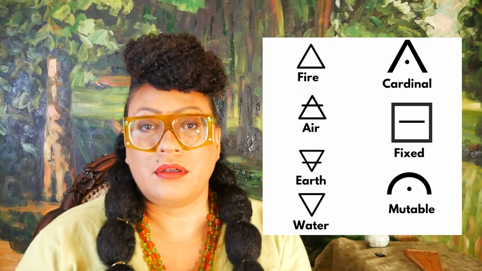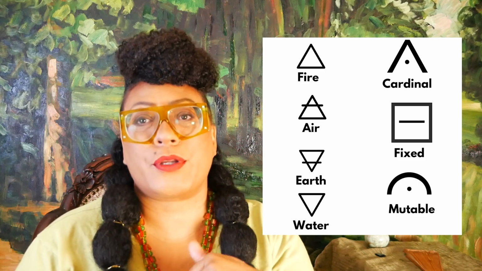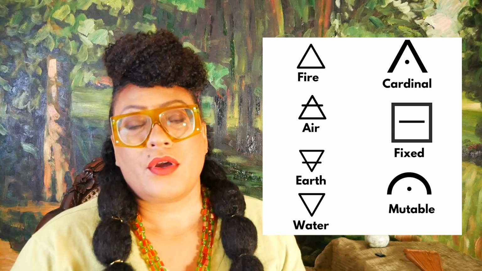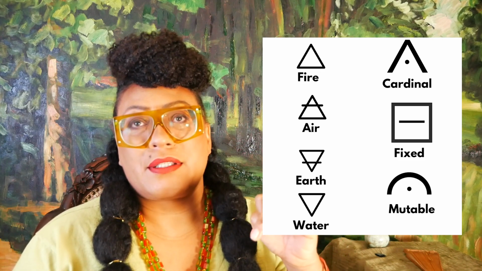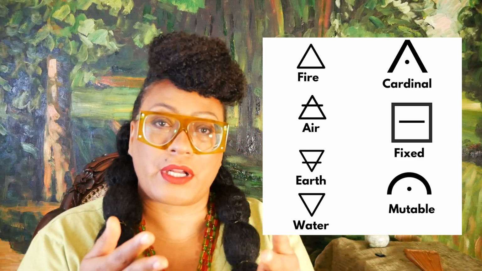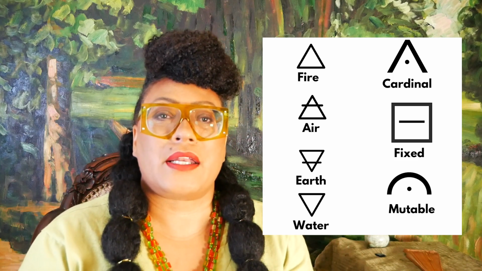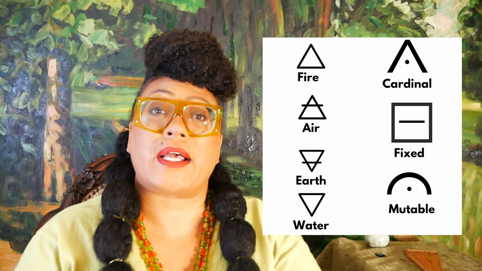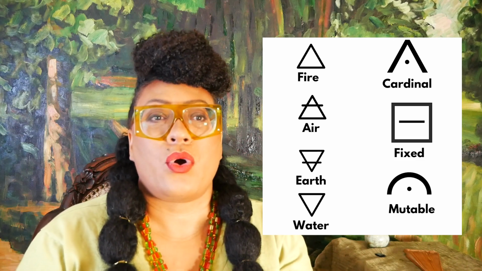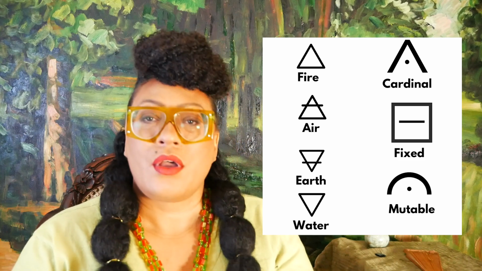By elements, I mean fire, air, earth, water. By modes, I mean cardinal, fixed, or mutable. So what we're trying to do is understand more about the energetic signature of your natal chart by looking at each one of the planetary placements and understanding what element they're in and how they do that element, the mode.